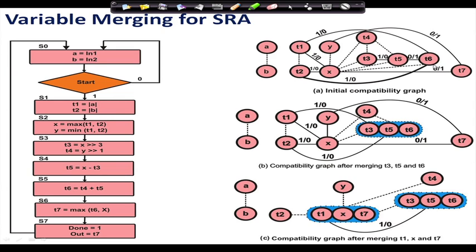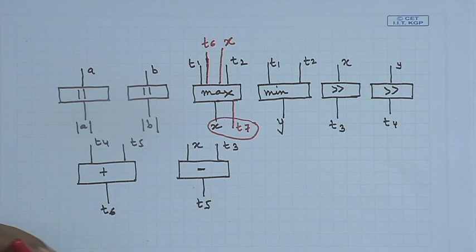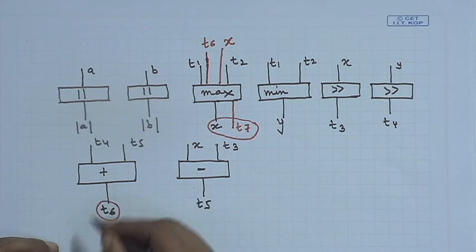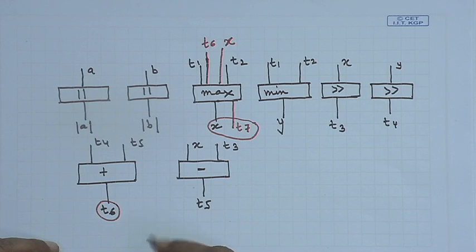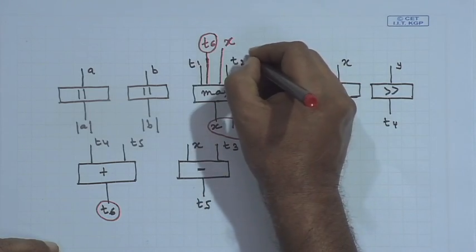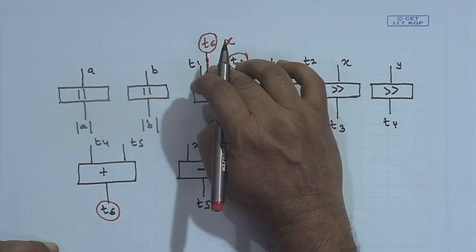Now, let us once again try T6 and T2. Let us look at this again on the paper. Where is T6? T6 is here, and where else is T6? Max. T6 and T2 are sharing the input of the same max.